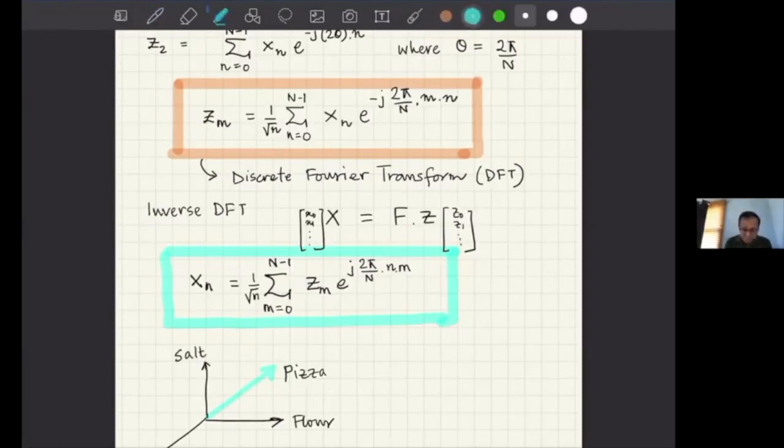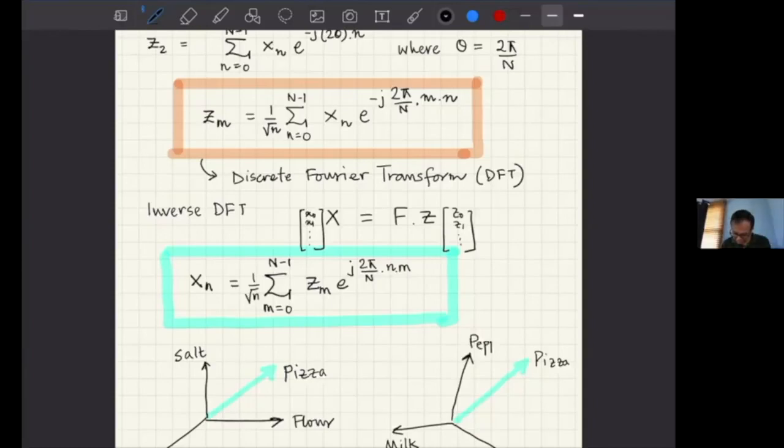But you can cook the same pizza in a different basis, which might be bread, milk, and another salty kind of thing, a pepper. So if you think about it, the amount of flour that you would need, let's call that x0. The amount of cheese that you will need, let's call that x1.